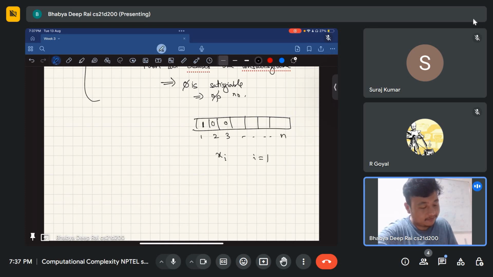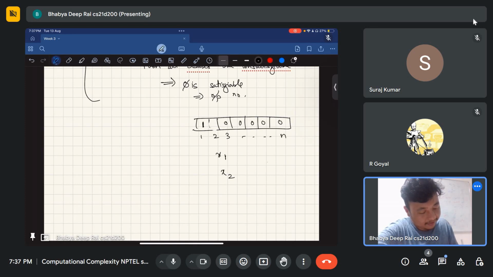The rest are all zeros. Then I see x1, then I'll set it to 1.